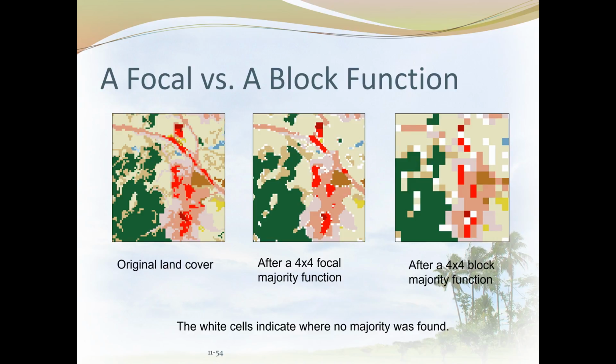The focal function evaluated each cell with its 15 immediate neighbors and then moves to the next adjacent cell. The block majority function evaluates the existing cells and then moves to the adjacent groups of cells. Both generalize the original data set, but to different degrees.